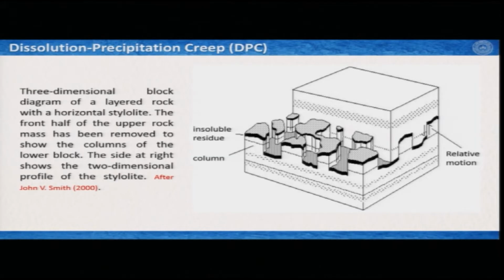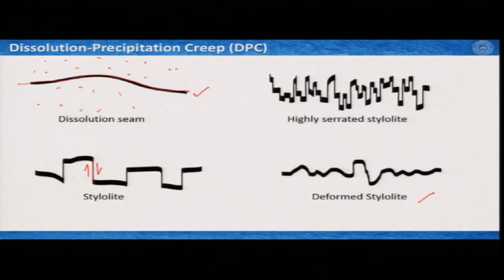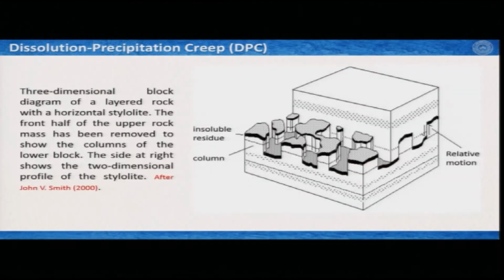In the previous slide, you may have seen that these parts are a little thicker compared to this part, and these parts are thicker because you always have some materials which do not get dissolved in the fluid. So, they stay here as a residue, and if we look at it in 3 dimensions, this is how it looks in a 3 dimensional block.